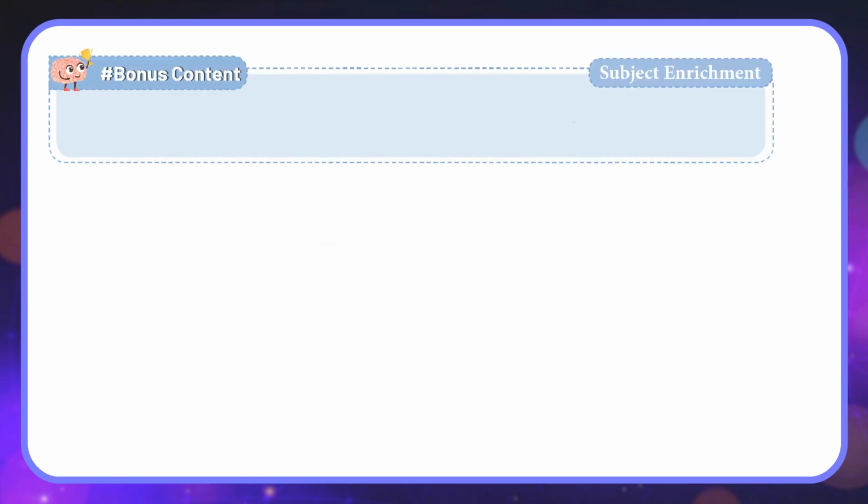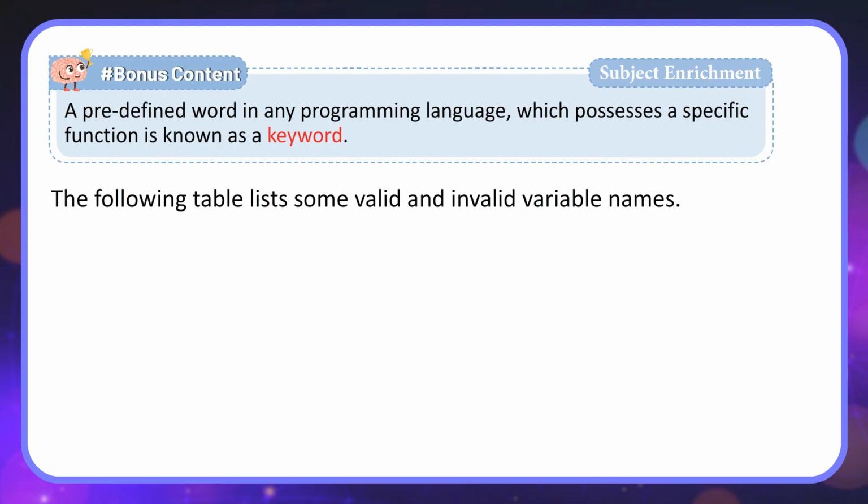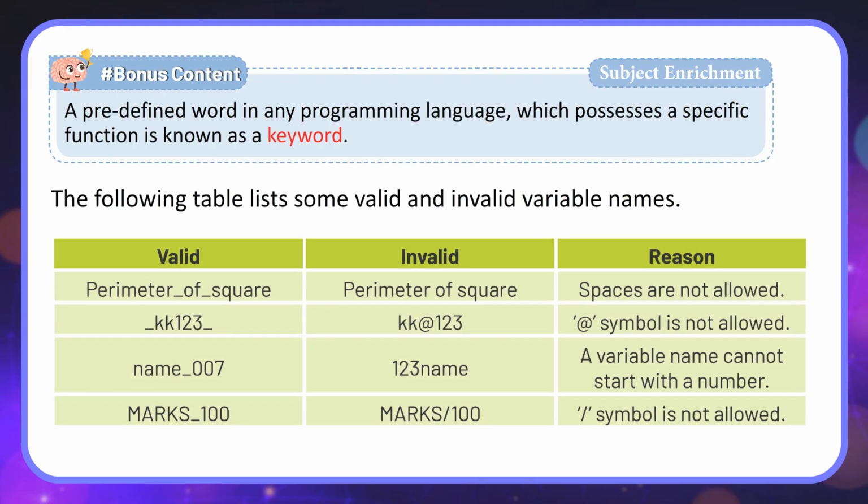Bonus content, subject enrichment. A predefined word in any programming language, which possesses a specific function, is known as a keyword. The following table lists some valid and invalid variable names.